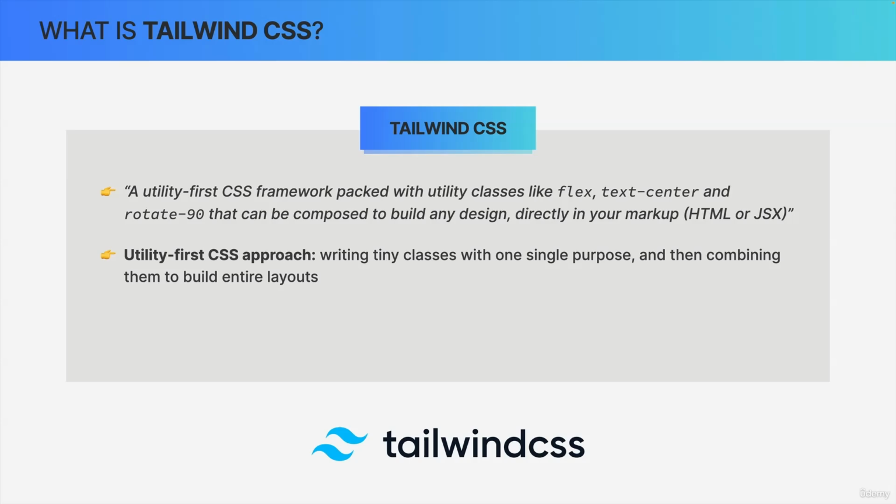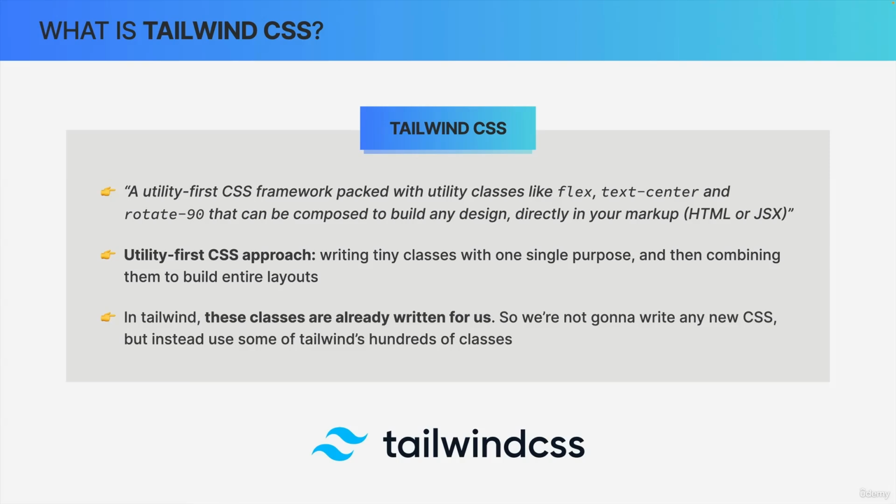So basically, in Tailwind, all these tiny classes that we just talked about are already written for us, ready to be used. So when we use Tailwind for our styling, we're not going to write any new CSS at all. Instead, we will leverage some of Tailwind's hundreds of classes to design and build anything that we can imagine.